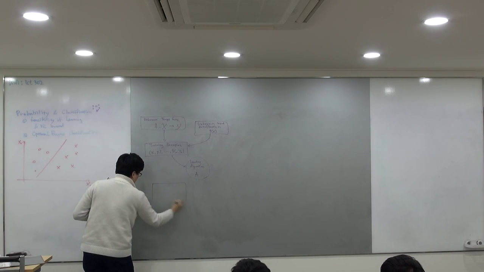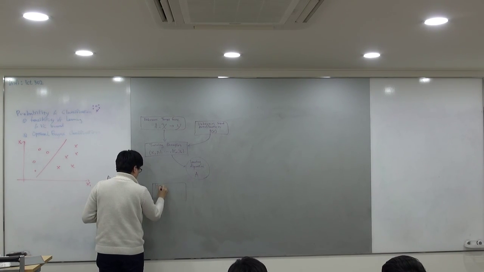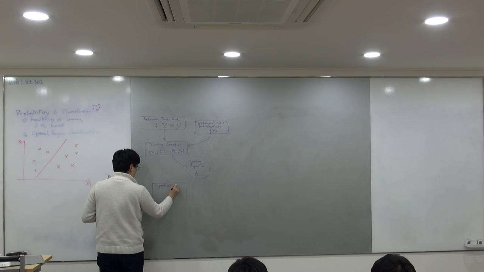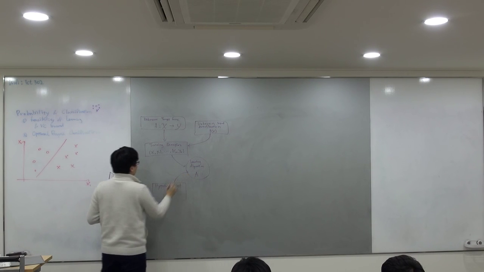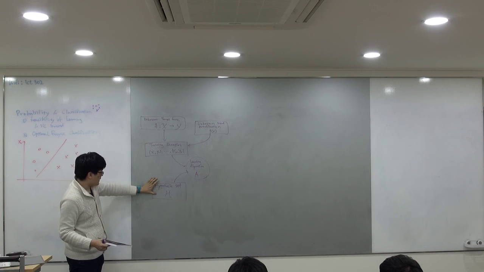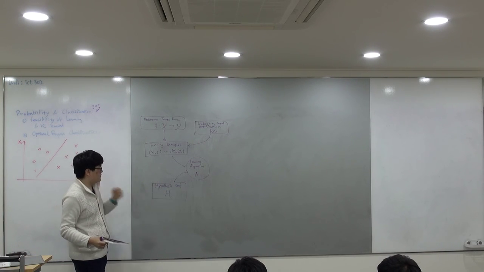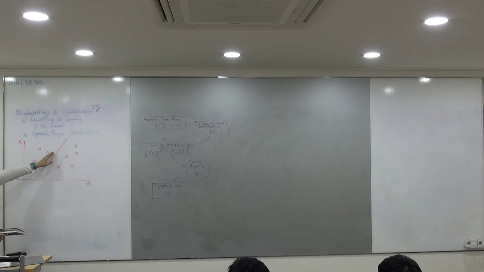and you have possible candidates, which are called hypotheses. So you need to first assume your hypothesis set. You need to first model the hypothesis set. For example, here I modeled that one single line can separate two different classes.